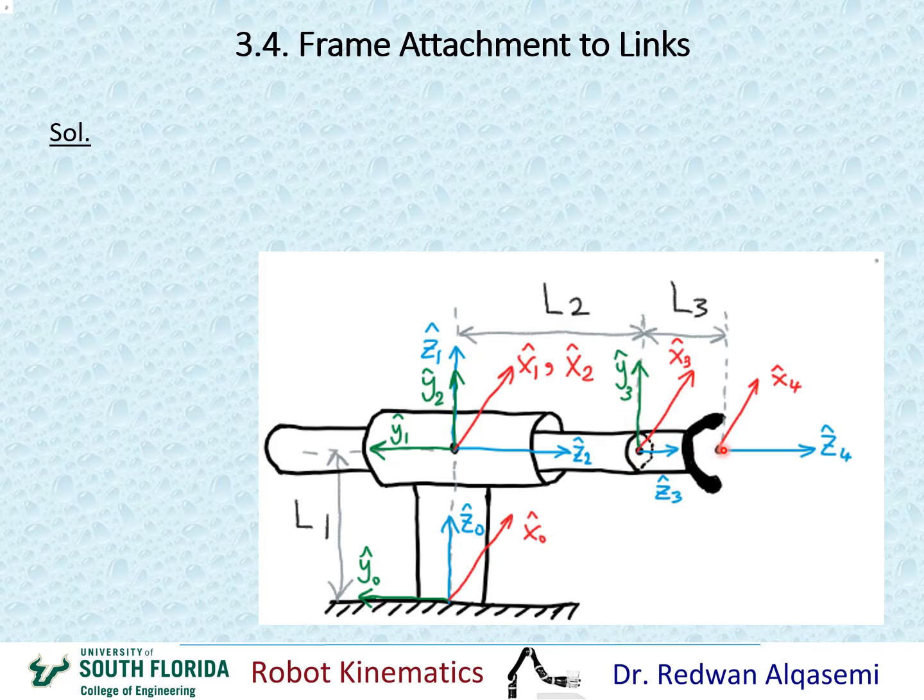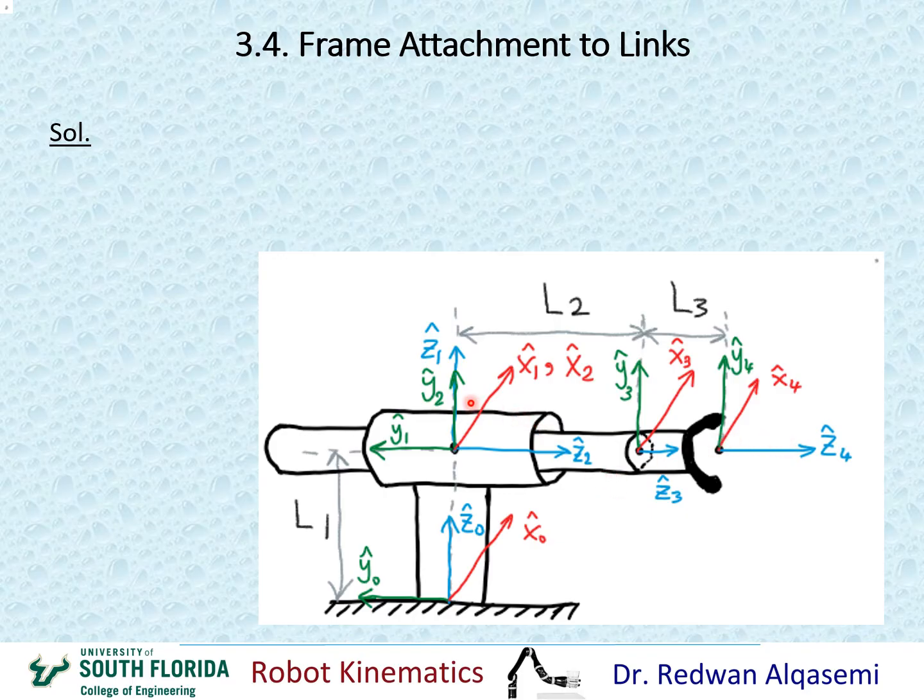And then for y4, again, I put my thumb in the z4 direction, and my forefingers in the x4 direction. Then I move my forefingers 90 degrees, and that would give me the direction for y4, which would be this direction right here. So I'm going to draw y4 right here. And that completes my frame assignments for this robot.